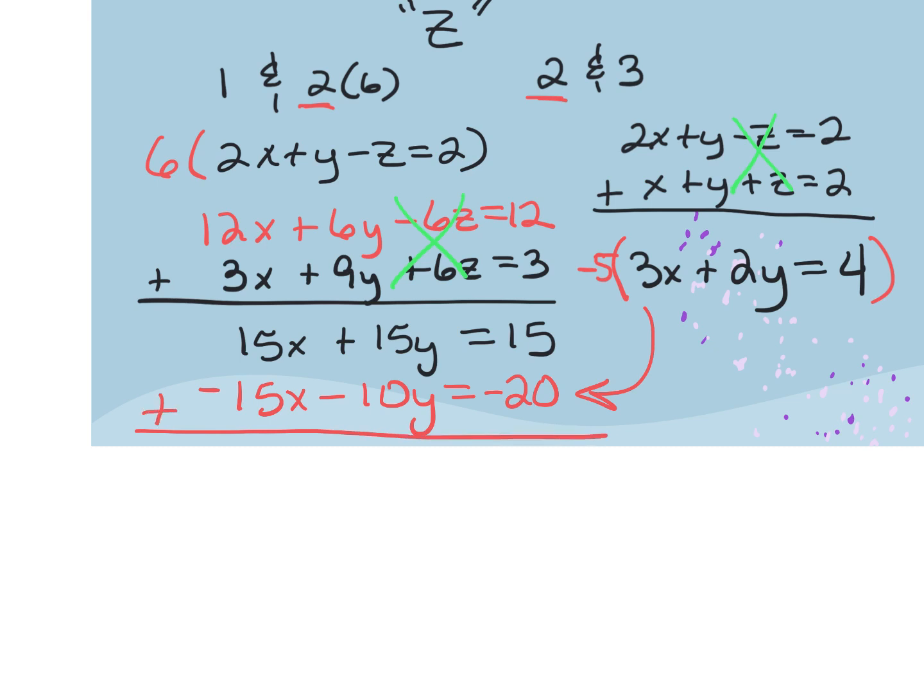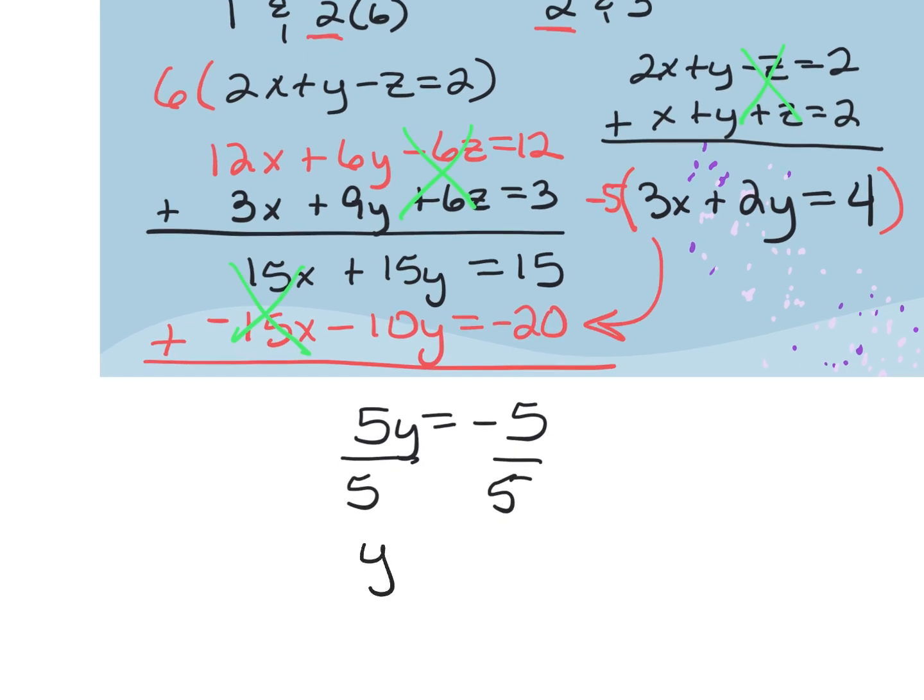I now can add my equations together, and the x's are gone, and I'm left with 5y equals -5. Divide by 5. Y equals -1. I now need to work backwards and go back up and plug it in to either the left side or the right side. I'm going to plug it in to this one, because my numbers are a little bit smaller.